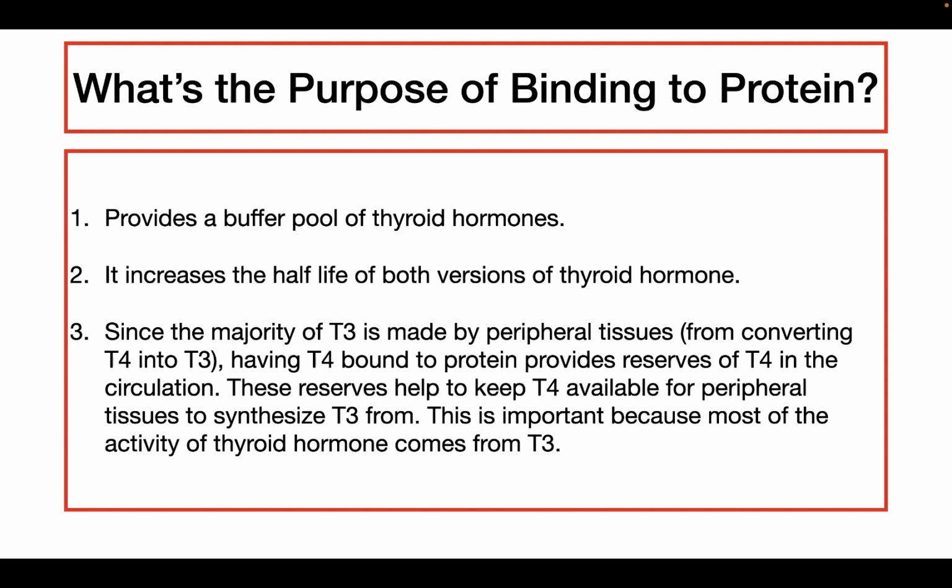So by keeping T4 bound to protein, this keeps a reserve of T4 in the blood, which is therefore able to be used by peripheral tissues to synthesize T3. And because T3 is the more active version of thyroid hormone, this is a very important thing to have. So these are the three main reasons as to why thyroid hormone binds to protein.